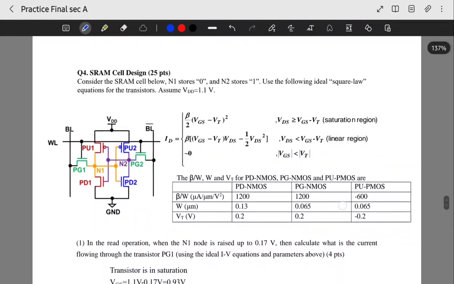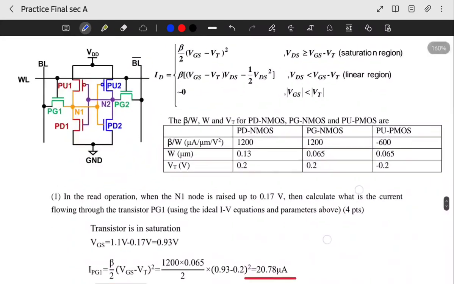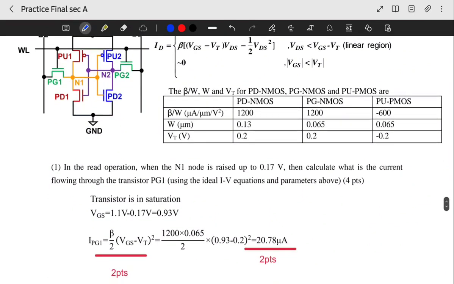And question 4 is asking about the SRAM. The first question is we have to calculate what's the current flowing through the transistor PG1. PG1 is right here.